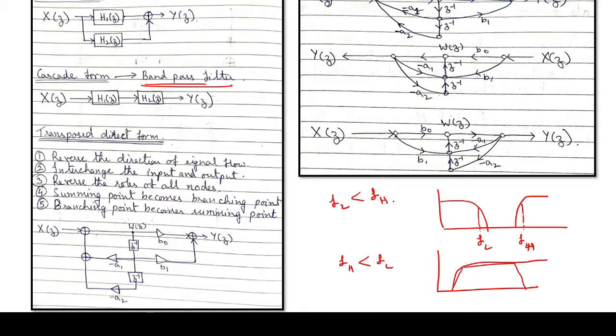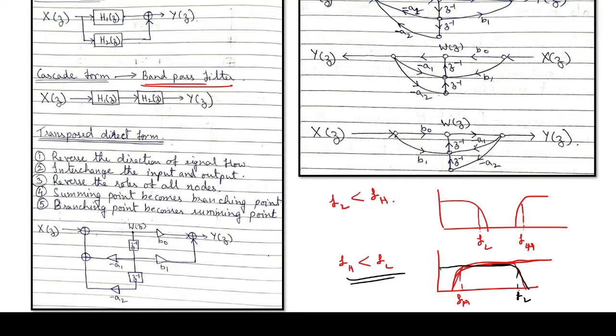This is nothing but the high pass filter, right? And this is the low pass filter. Okay, whatever you name it, I am just telling you the basic concept. So this low pass filter's cutoff frequency should be higher than the high pass filter's.